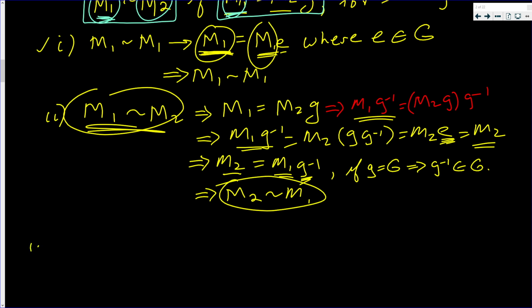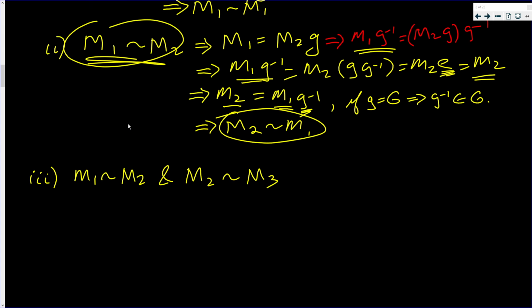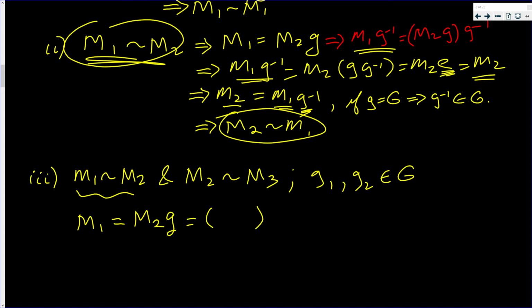Okay, now the third one is the transitivity law. Suppose M1 is related to M2, and M2 is related to M3, and G1 and G2 are in G. Well, this tells me that M1 is equal to M2 times G1, which is equal to any old way of writing M2 times G. I meant to say G1 there.